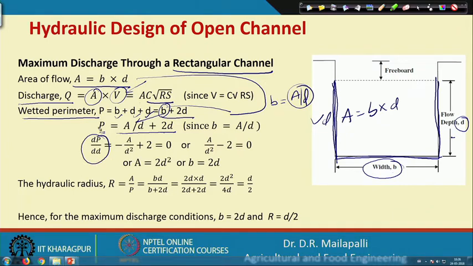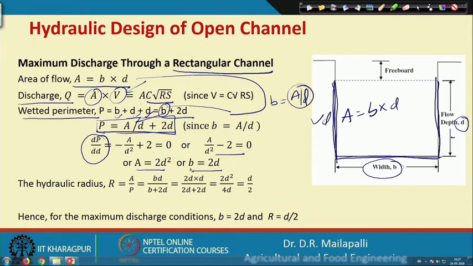So for that you have to differentiate the wetted perimeter with respect to d. When you differentiate this equation, dp by dd is minus a by d square plus 2, which is equal to 0, or a by d square equals 2, or a is equal to 2d square, or b is equal to 2d, because a is b into d.